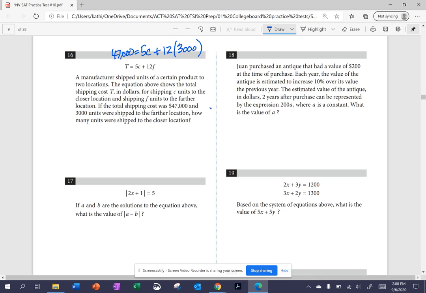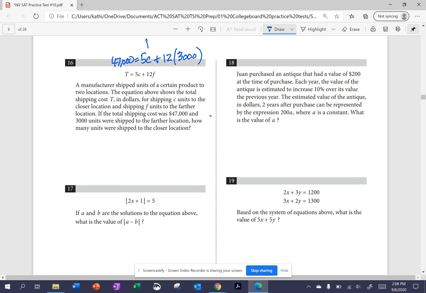Okay, so now I need to solve for C. So 47,000 equals 5C plus 12 times 3,000, which is 36,000. So I'm going to subtract 36,000. Whatever I do on one side, I do to the other side to keep my equation equal. So I have 11,000 equals 5C.